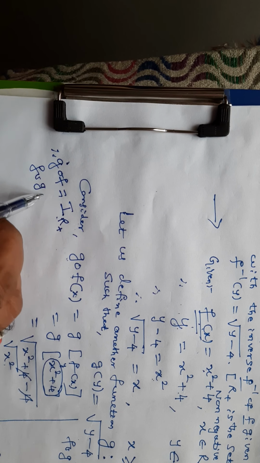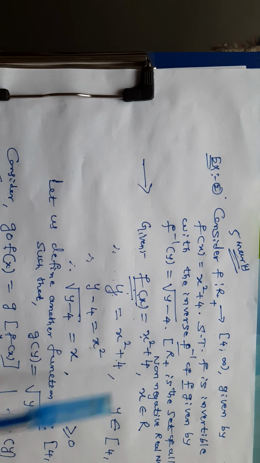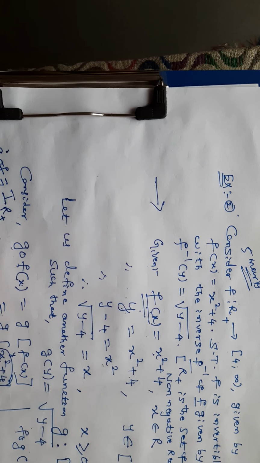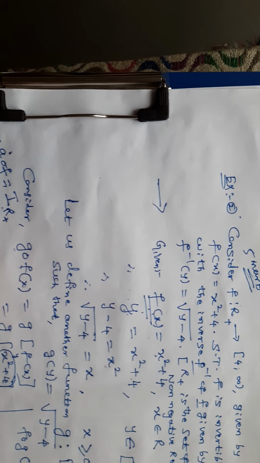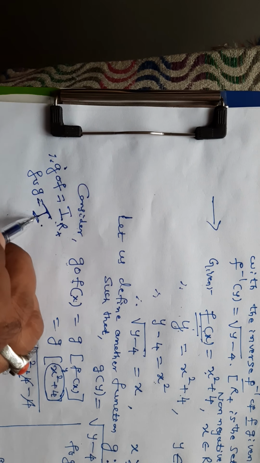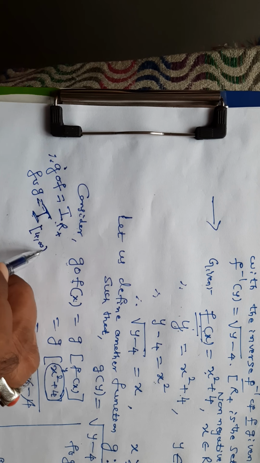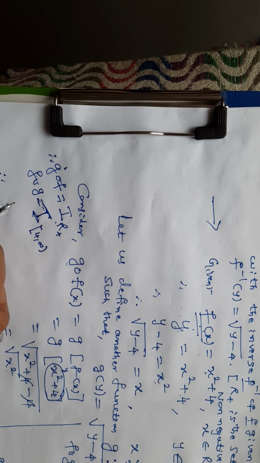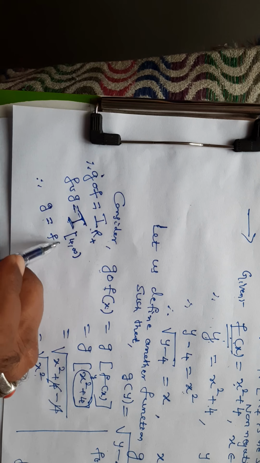Similarly, f of g. What was the codomain here? The codomain is this semi-open interval. This is also an identity function, defined on 4 comma infinity. Therefore g is the inverse of f.